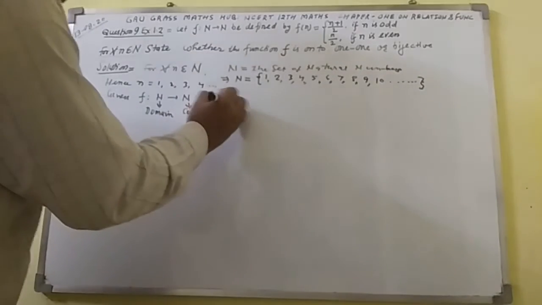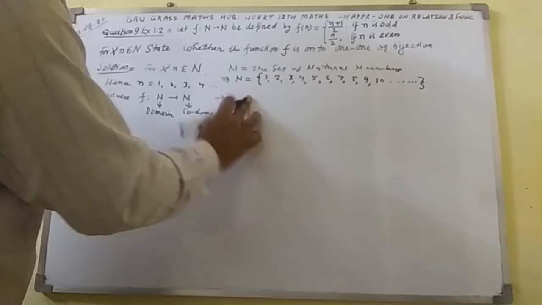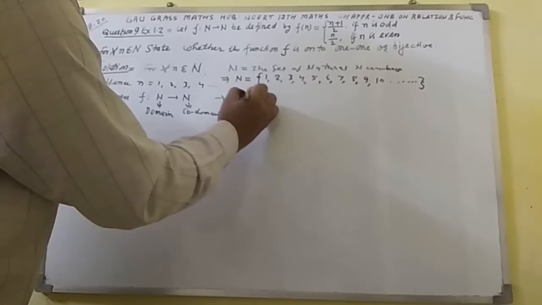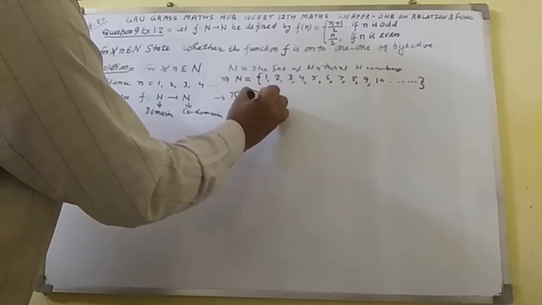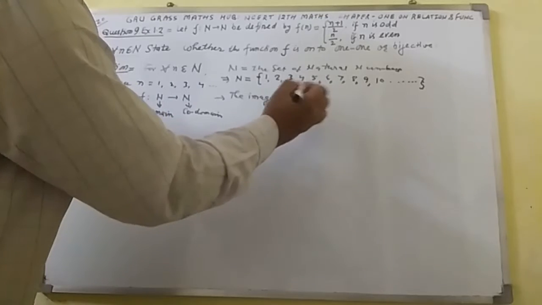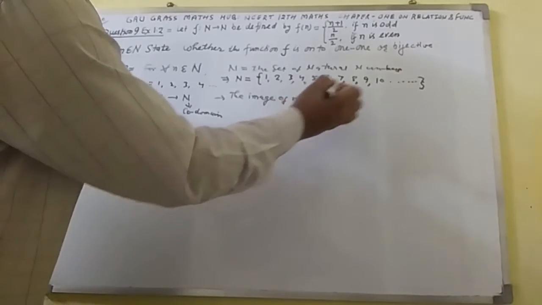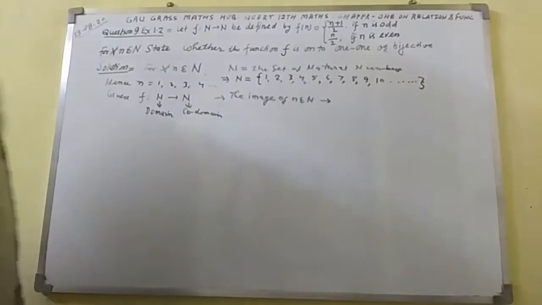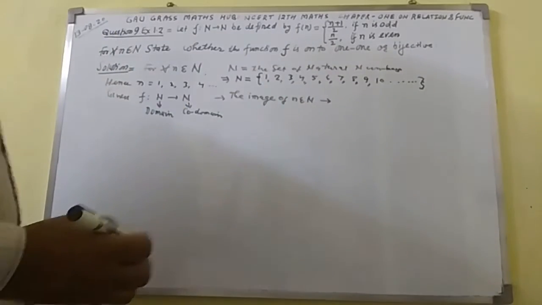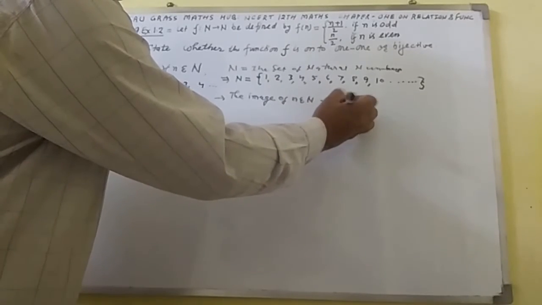This means that the image of small n belonging to N is small n belonging to N.